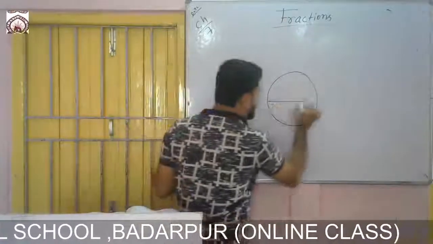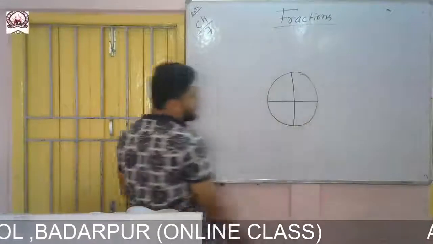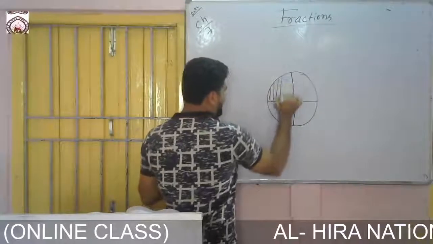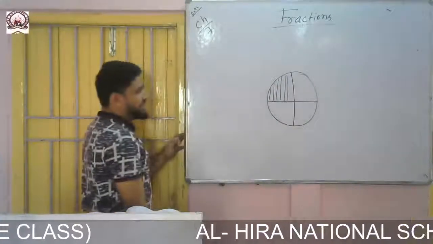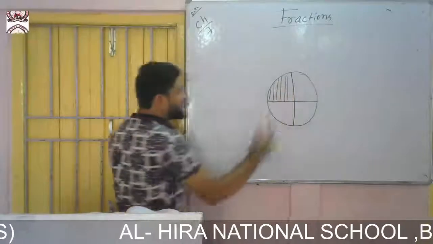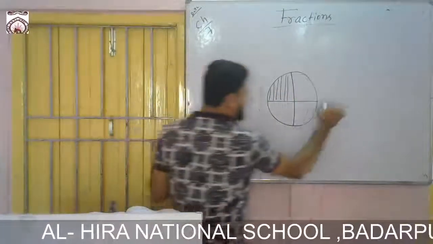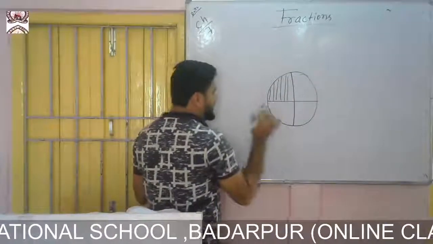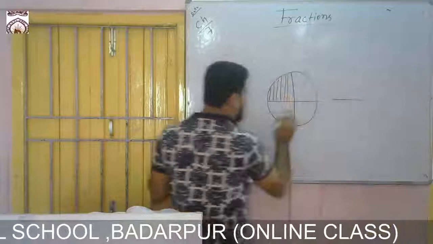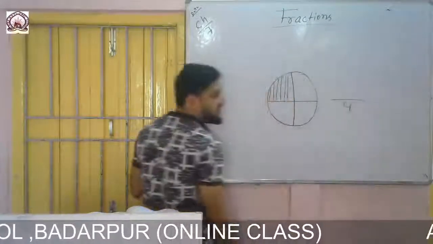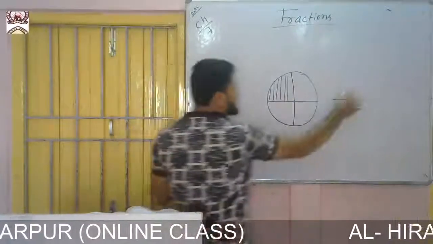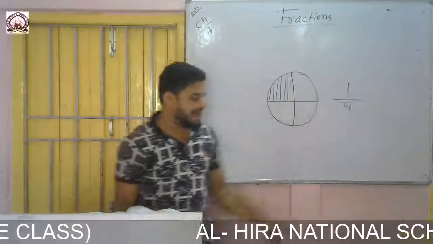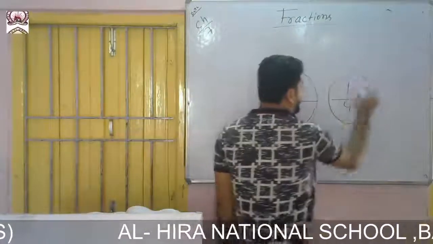If I divide this circle into 4 parts, and if I shade one part, then out of these 4 parts, one part is shaded. This is the whole circle. I have divided this whole circle into 4 parts. So out of 4, 1 is shaded. I can express this as 1 by 4. And this 1 by 4 is called a fraction.